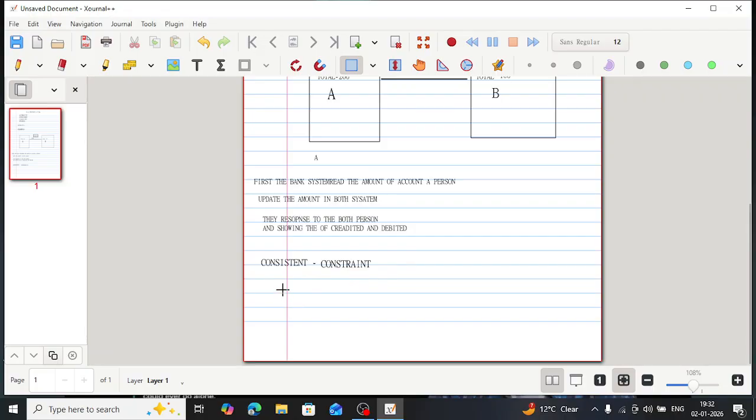In the example we use constraints like the credited total amount being greater than or equal to the debited amount. These are the constraints we follow in a transaction.